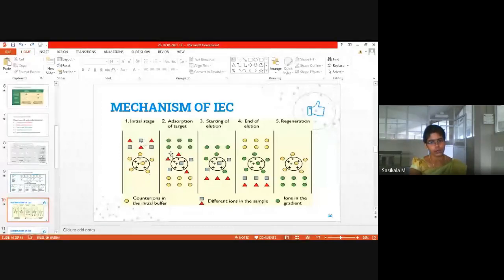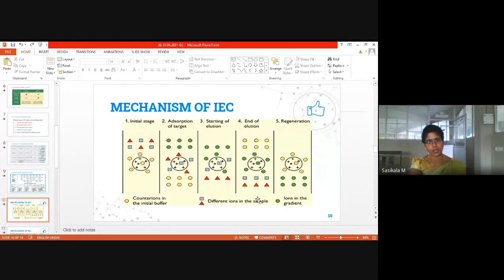Now in the second step, the samples get adsorbed onto the matrix, where the mobile phase ions are displaced or replaced with the sample. The green color represents the continuous eluent, and the continuous flow of mobile phase will elute the adsorbed samples from the stationary phase.